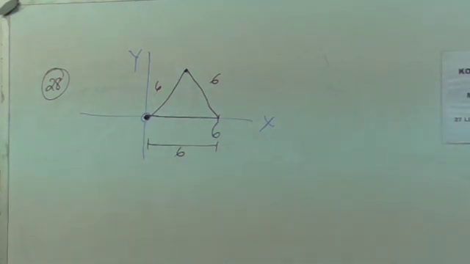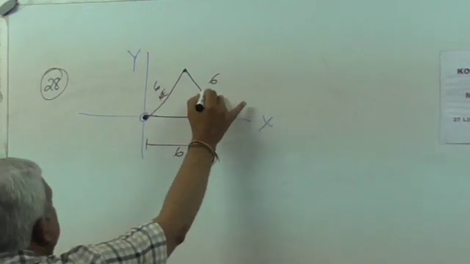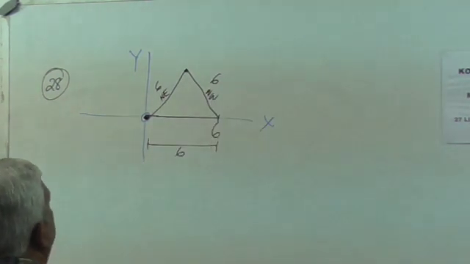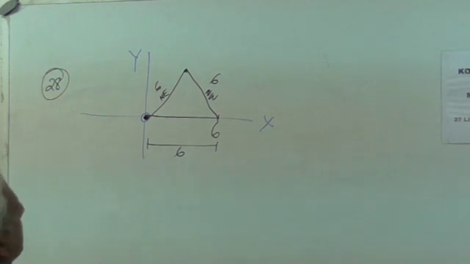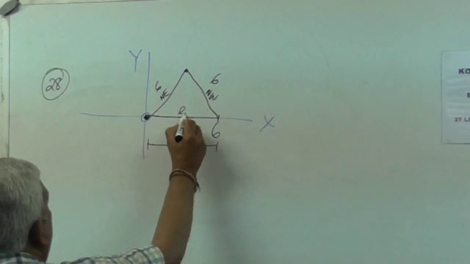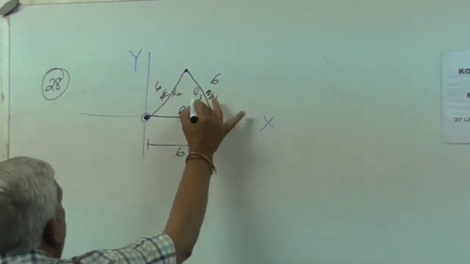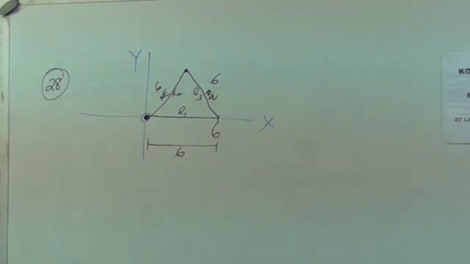You see this line is called a northeast line. This is a northwest line. That's why we wanted you to learn those things. And just for interest, we'll call this line 1, line 2, line 3. You want to find the equations of line 1, line 2, line 3.